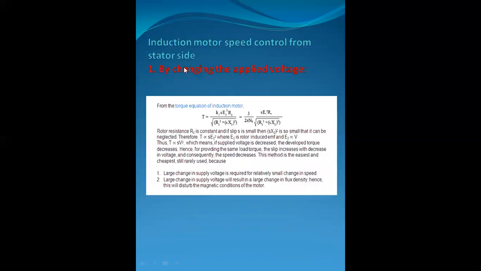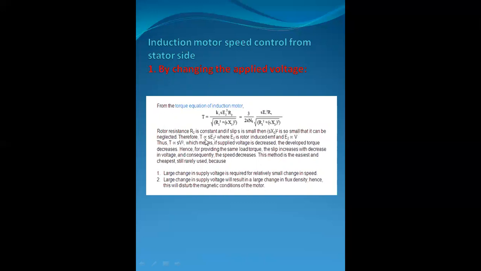First one, induction motor speed control from the stator side, that is by changing the applied voltage. We know the torque equation of an induction motor is given by that equation. When the rotor resistance R2 is constant and s is very small, the s²X2² portion is so small that it can be neglected.